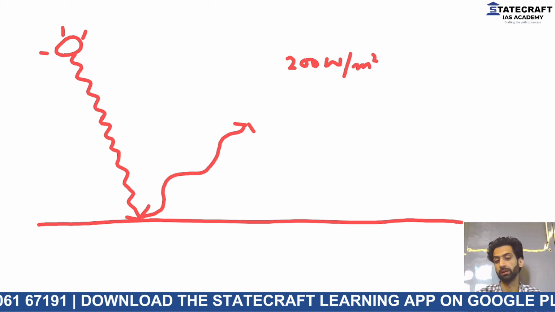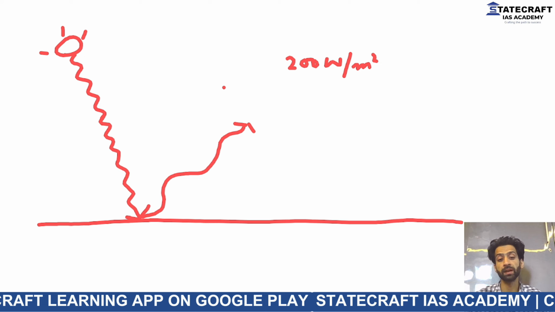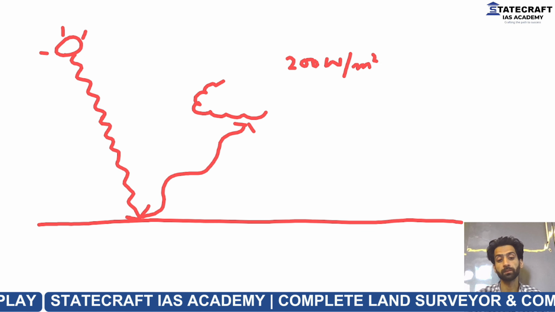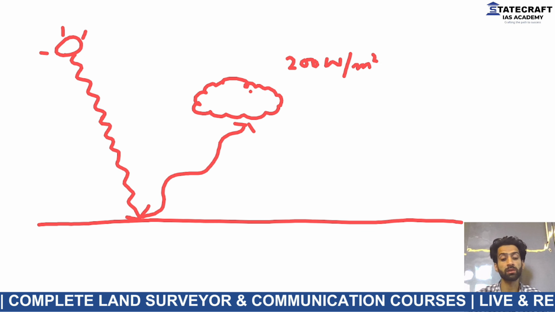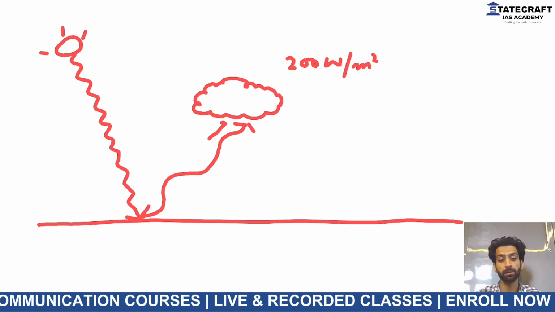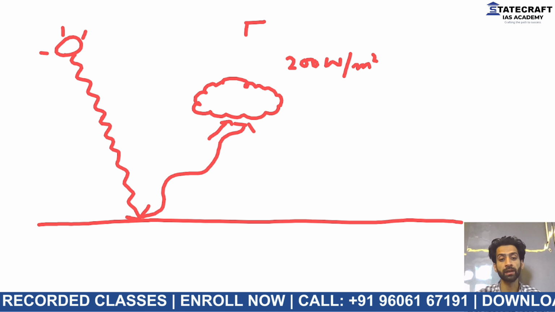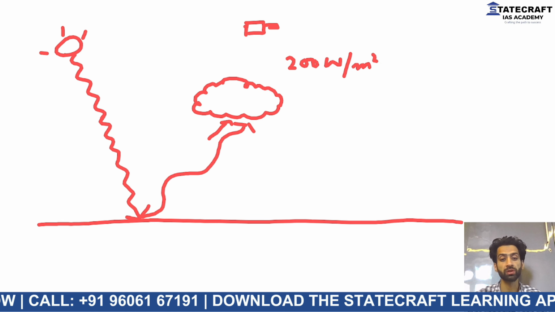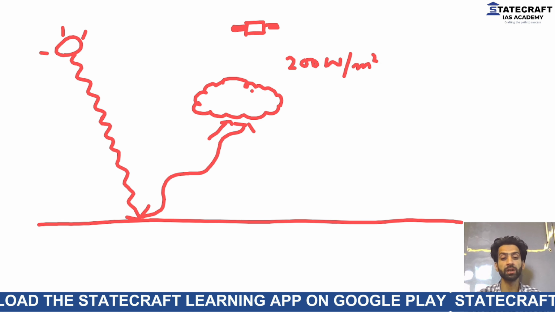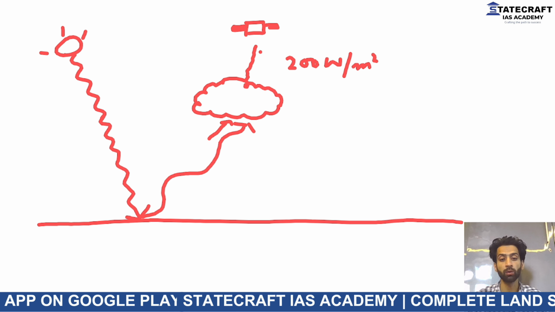How is that possible? It's possible if there is a very solid cloud cover which does not allow this radiation to escape, because the satellites that are located above the clouds will only detect that much of radiation that is coming out of these clouds.